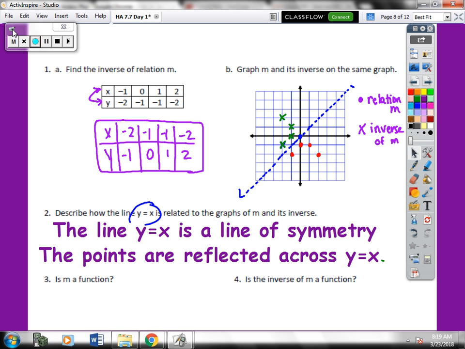And that's something that's going to be useful when we start graphing them on Monday. If you know the original function, you will actually not have to figure out what it is. You'll just be able to reflect the points across that line and come up with the graph of the inverse.